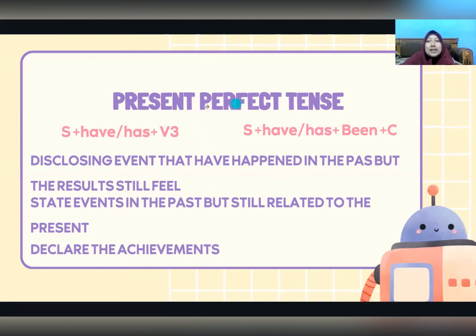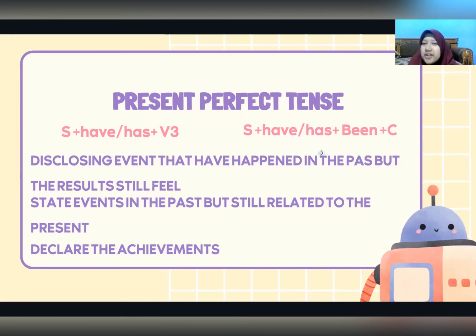It uses verb three, not verb one, not verb two, but verb three. Or the sentence can use this formula: subject have or has plus been plus complement.